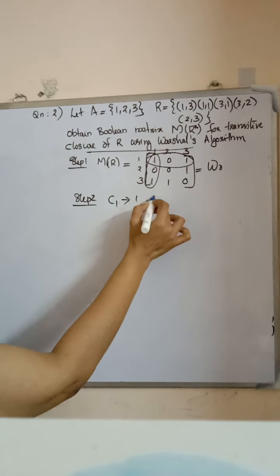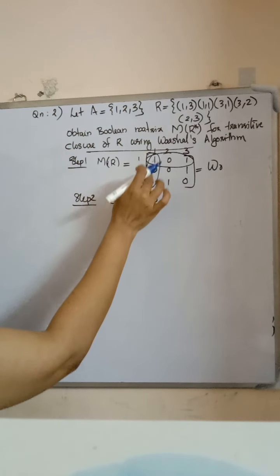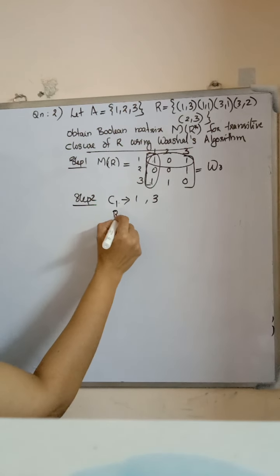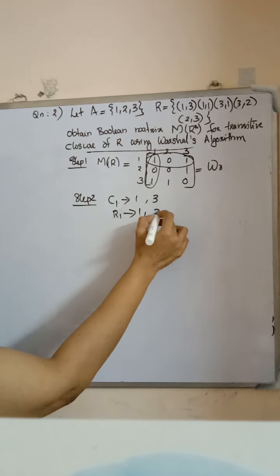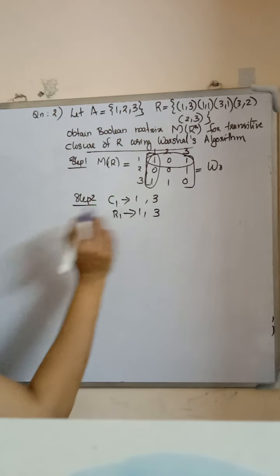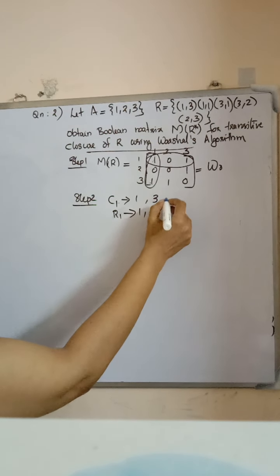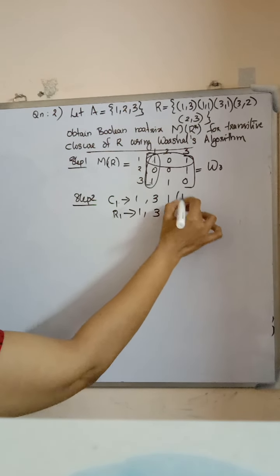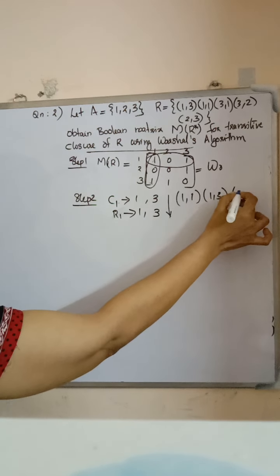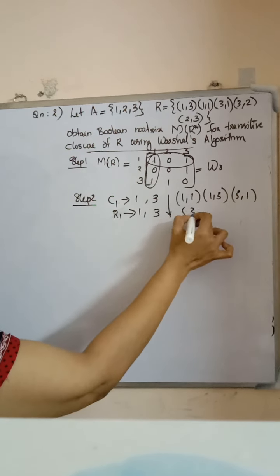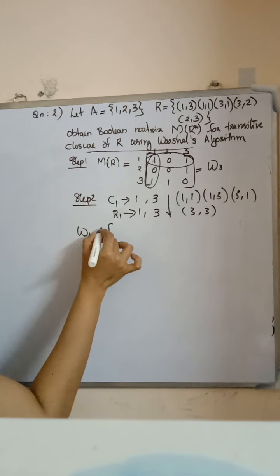In the first row, 1 appears in 1st and 3rd position. Therefore, the new positions of 1 are by taking these ordered pairs 1 1, 1 3, 3 1 and 3 3.